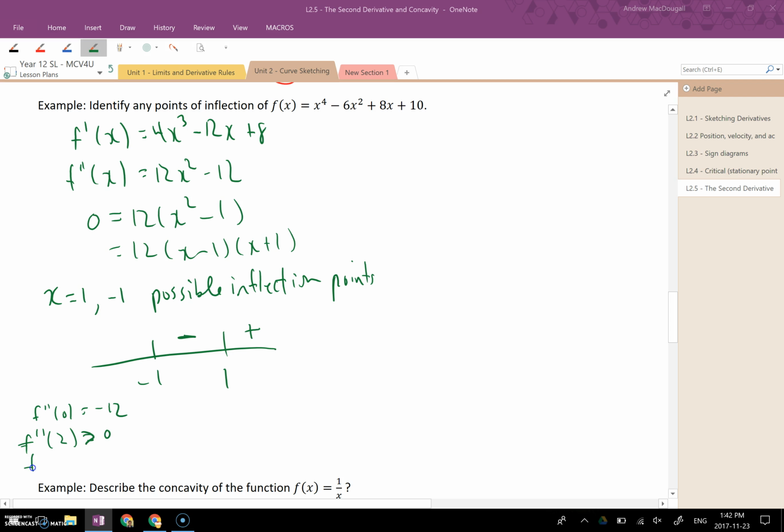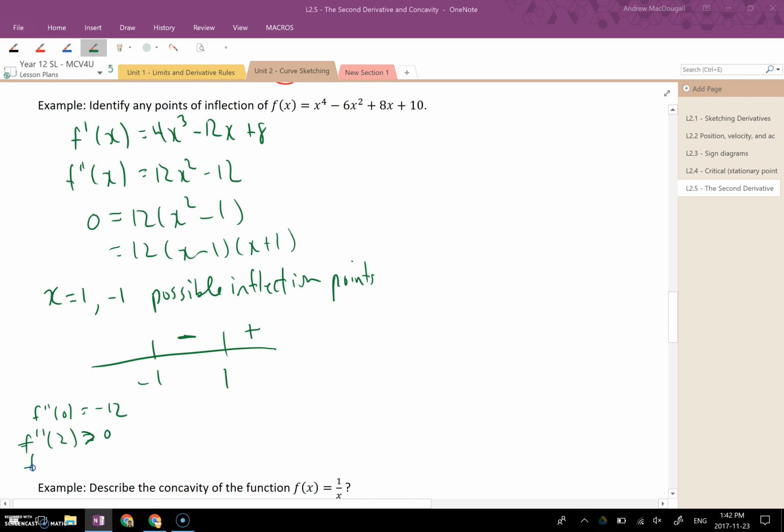And f double prime of -2 is, let's see, negative times a negative, which is a positive. Okay, so indeed, -1 and 1 change the concavity.